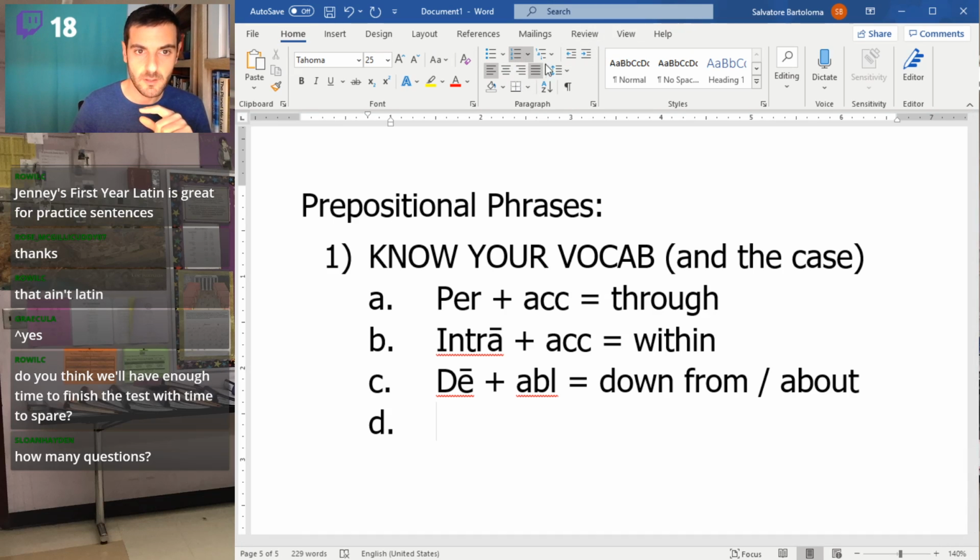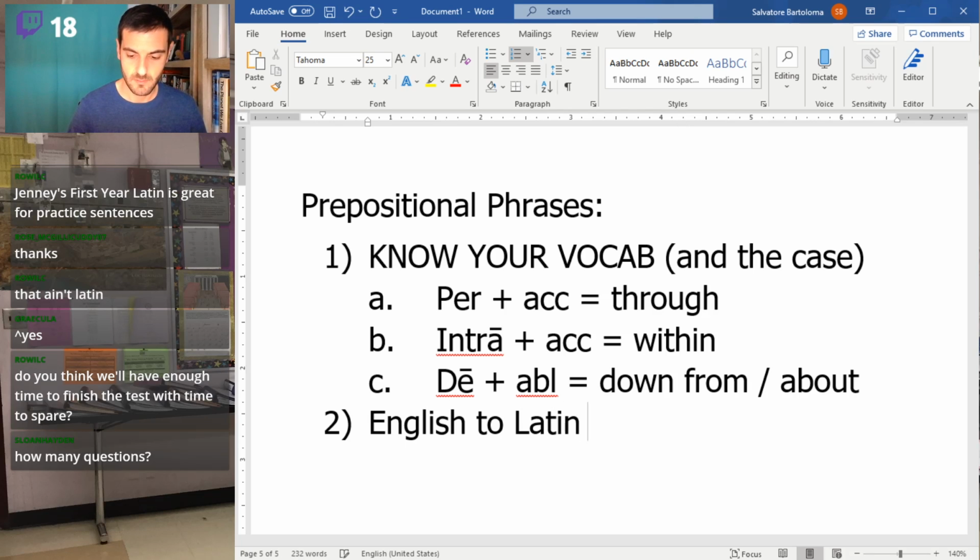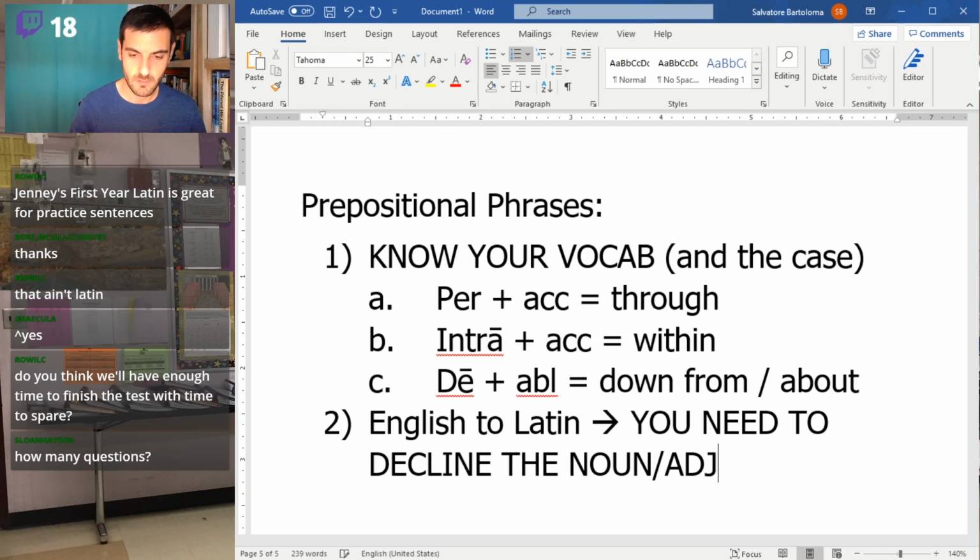If you're going English to Latin, you need to decline the noun and adjective.